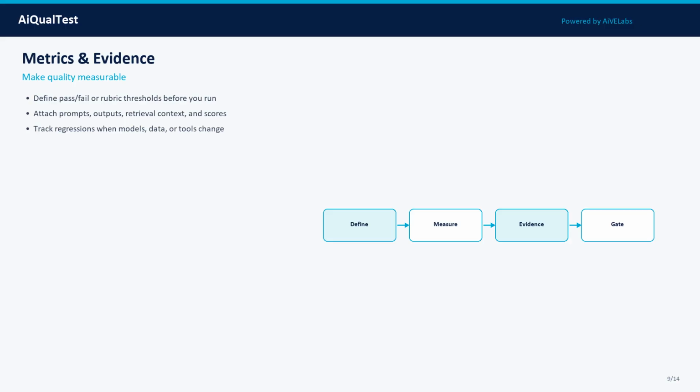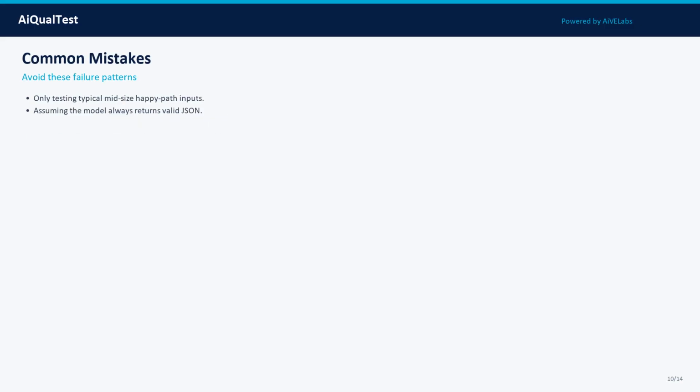Common mistakes slow mature programs. Mistake 1: only testing typical midsize happy path inputs. Mistake 2: assuming the model always returns valid JSON. Mistake 3: letting oversized outputs hit production importers unchecked.